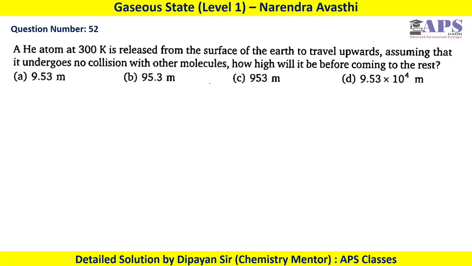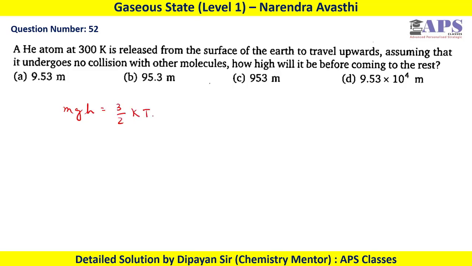In question number 52, a helium atom at 300 Kelvin is released from the surface of the earth to travel upward, assuming that it undergoes no collision with other molecules. How high will it be before coming to rest? So the potential energy mgh is equal to 3 by 2 kT here.